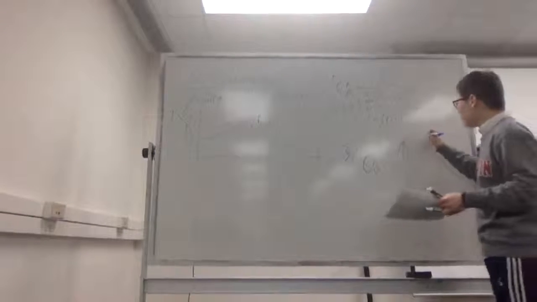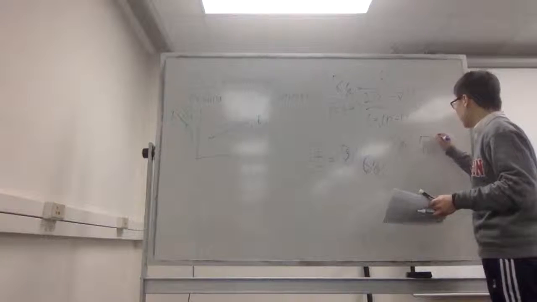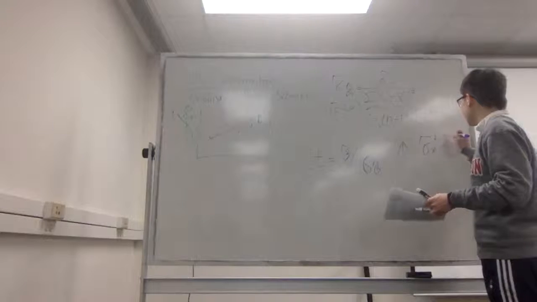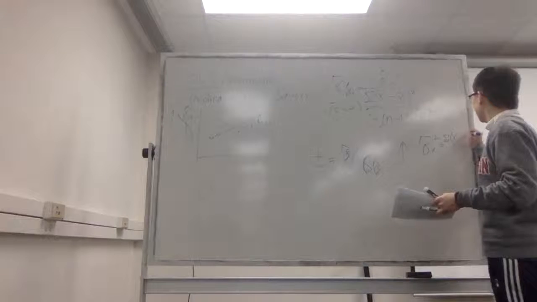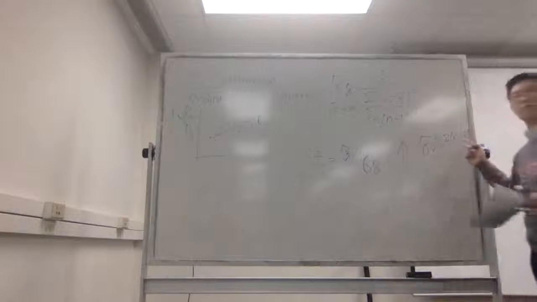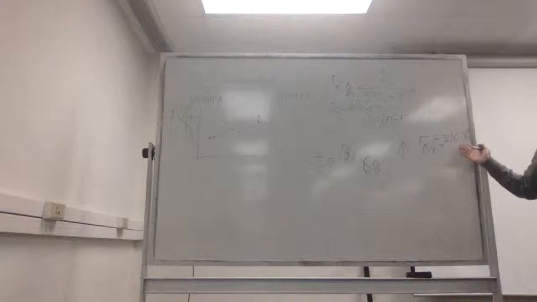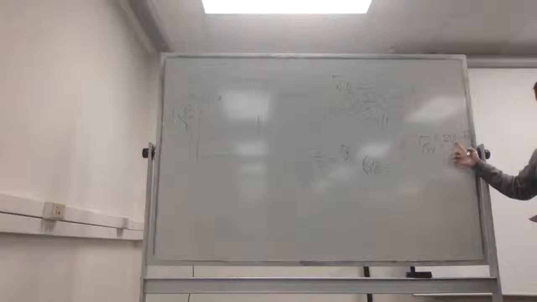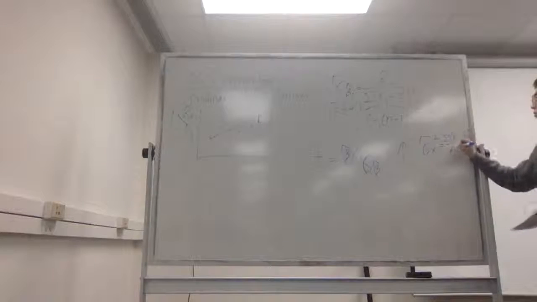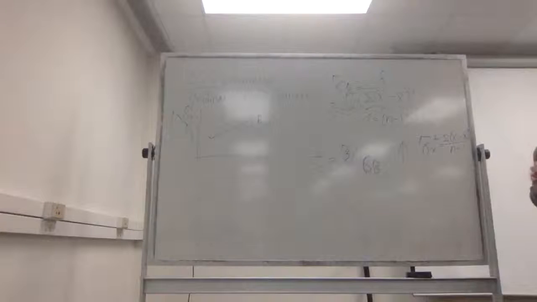Okay. Sample variance of x is each observation's distance from the mean, squared, and divided by n minus 1.